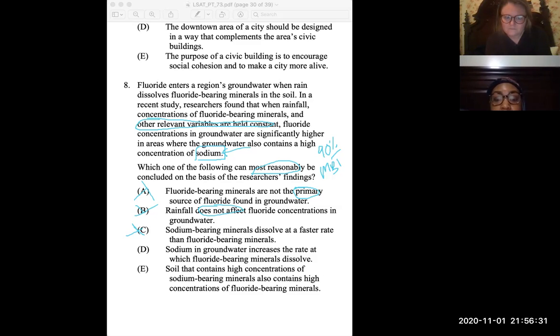But we can say that we know the rate is affected because it said all other variables are held constant. Nothing else changed except that the fluoride concentrations are significantly higher in areas where the groundwater also has high concentrations of sodium. That's the only thing that's different.